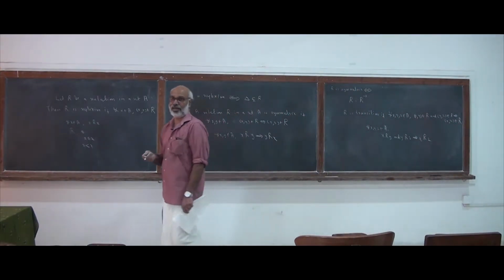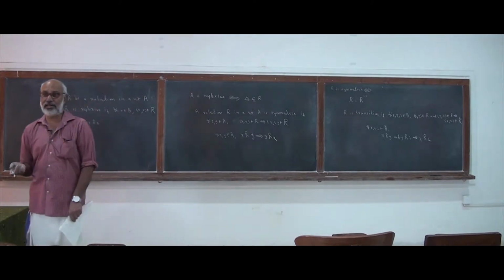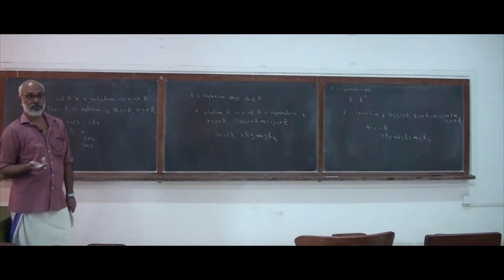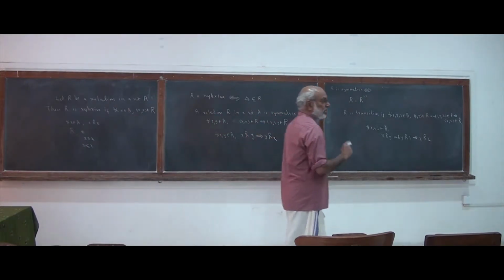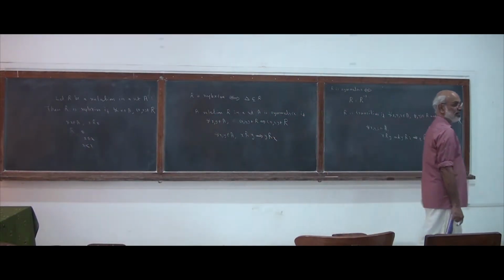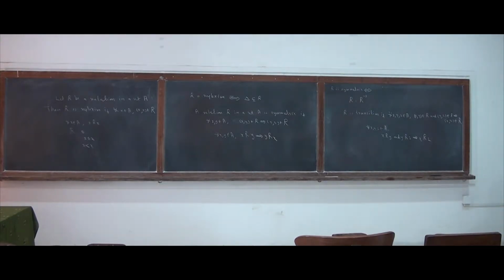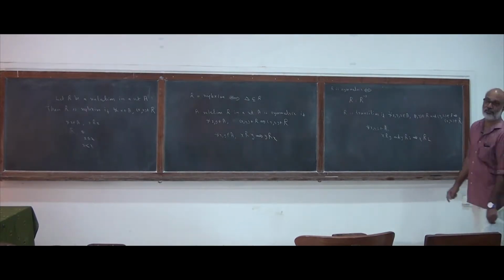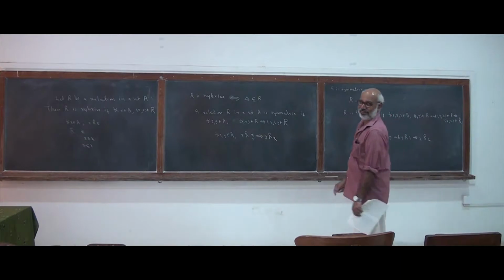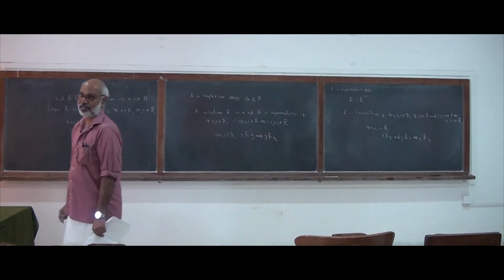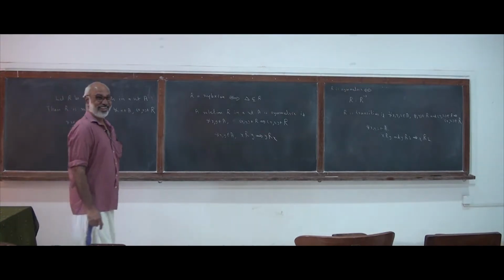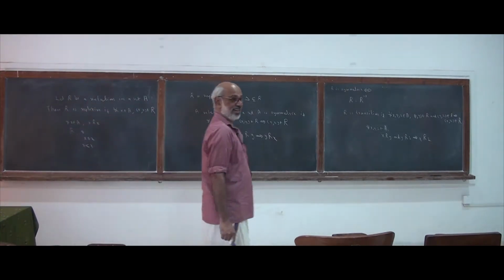A less than or equal to B and B less than or equal to C implies A is less than or equal to C among, say, real numbers. Among integers, divides is a transitive relation because A divides B and B divides C implies A divides C. So we have a lot of relations which are transitive, but there are many relations which are not transitive also.